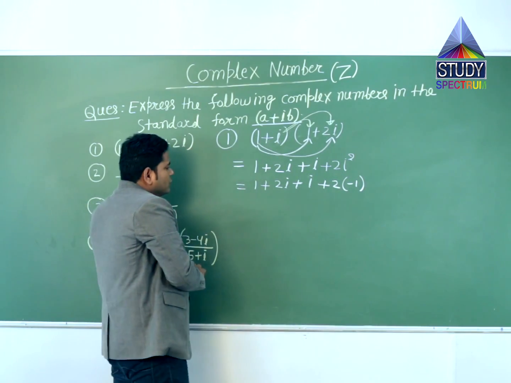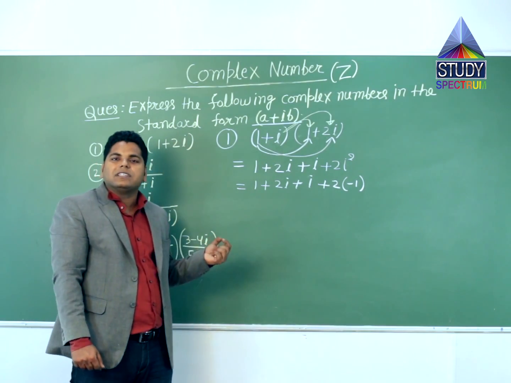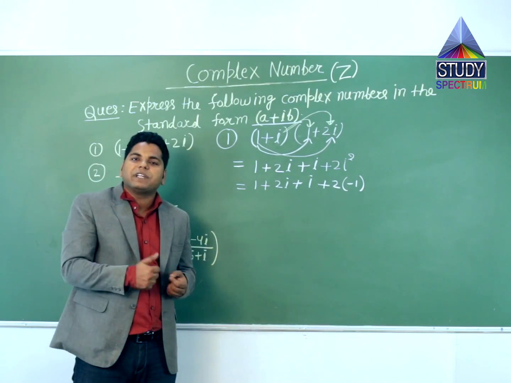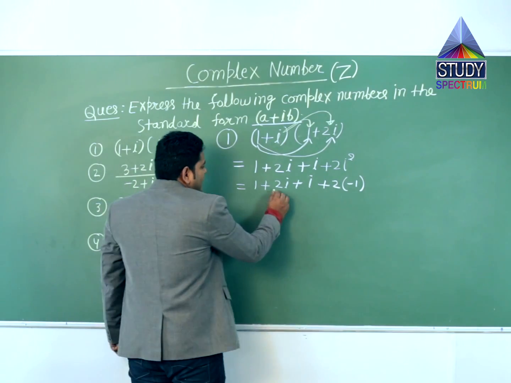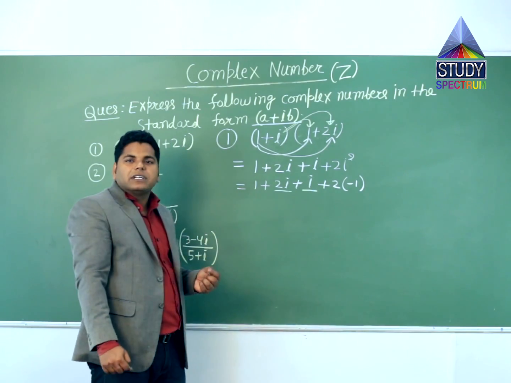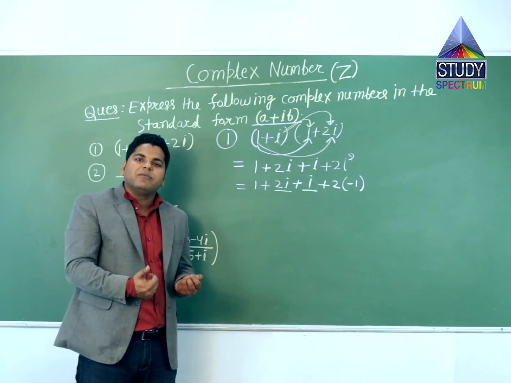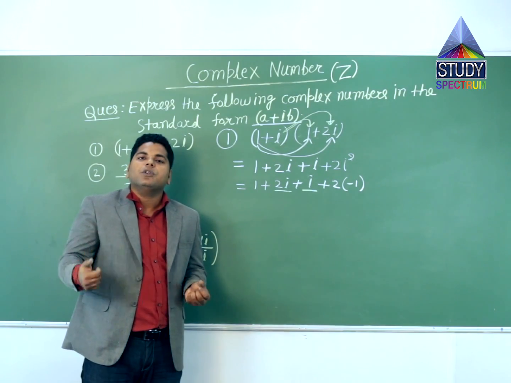Okay, so we have already discussed that terms containing i will be added or subtracted with terms containing i only. So here this term 2i will be added or subtracted with i only, and the term without i will be added or subtracted with the term having no i.